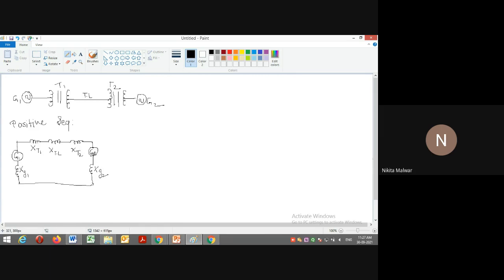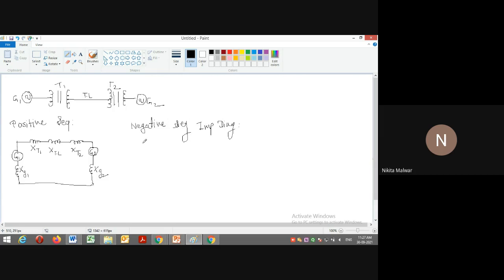Again, if you have to find the negative sequence impedance diagram, what do we have to do?